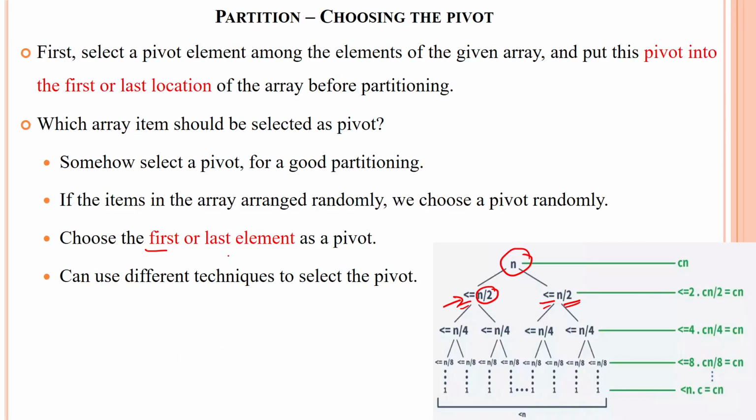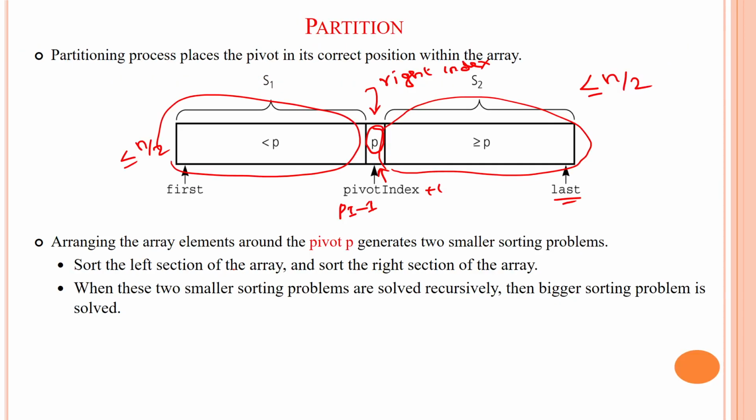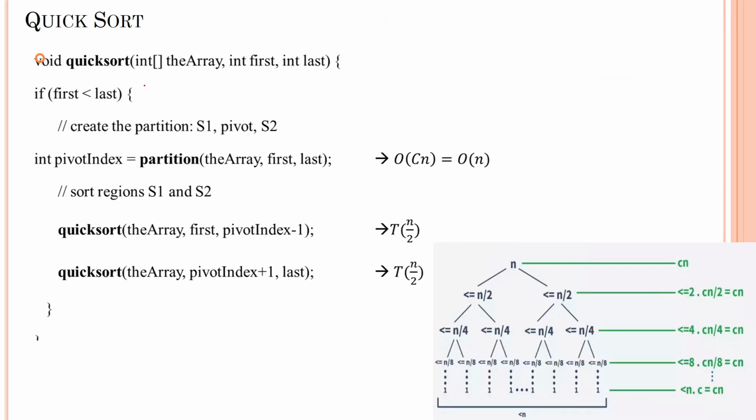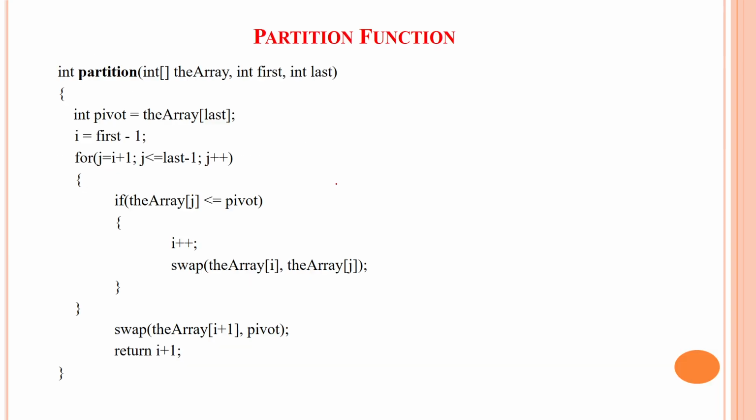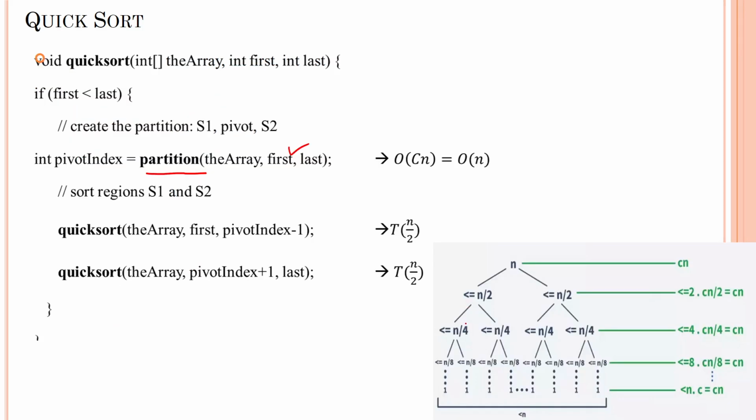Here the pivot element will be selected from the first element of the array or the last element of the array. So for quicksort we will partition the elements by calling this function. This function has some n number of statements. It will be partitioned until reaching a single element in the given array.